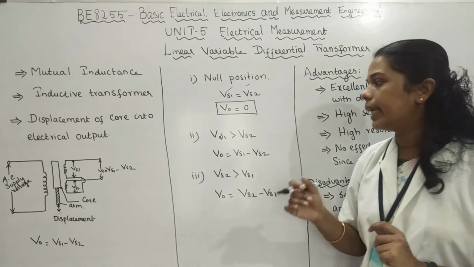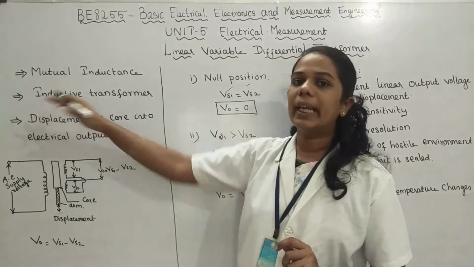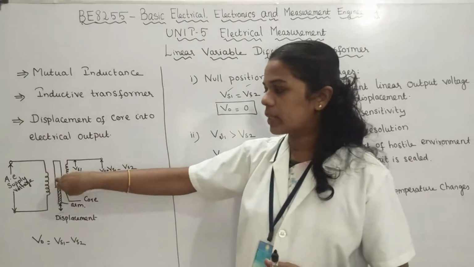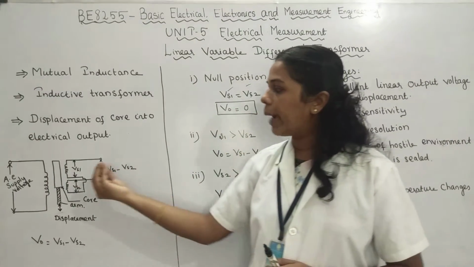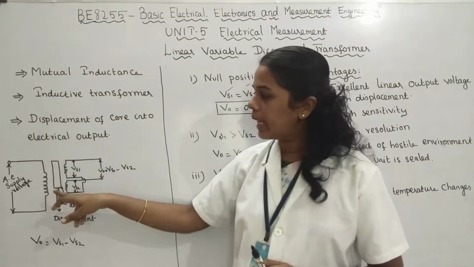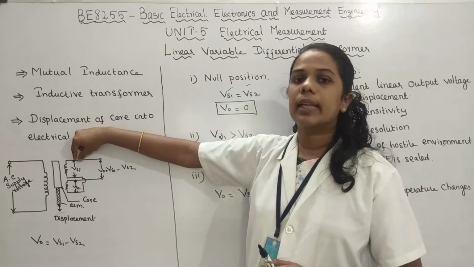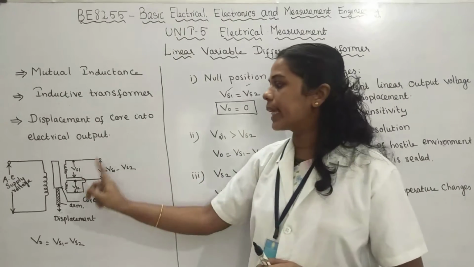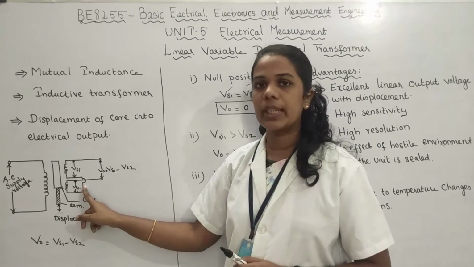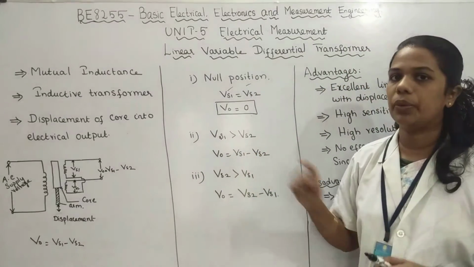Now see, if this core moves above the null position, from the center position, most of the core is near S1. So the voltage produced in S1 is greater than the voltage produced in S2, that is VS1 greater than VS2. Do you understand?